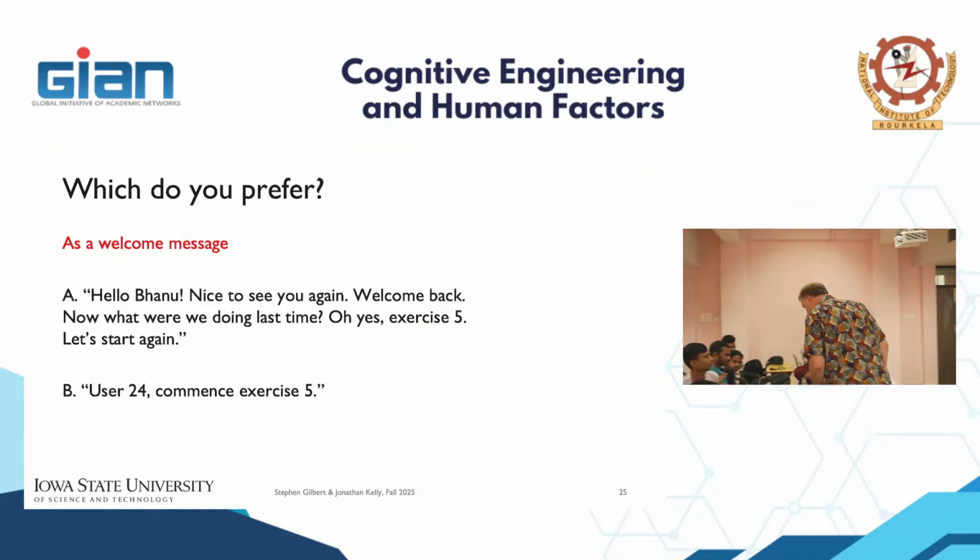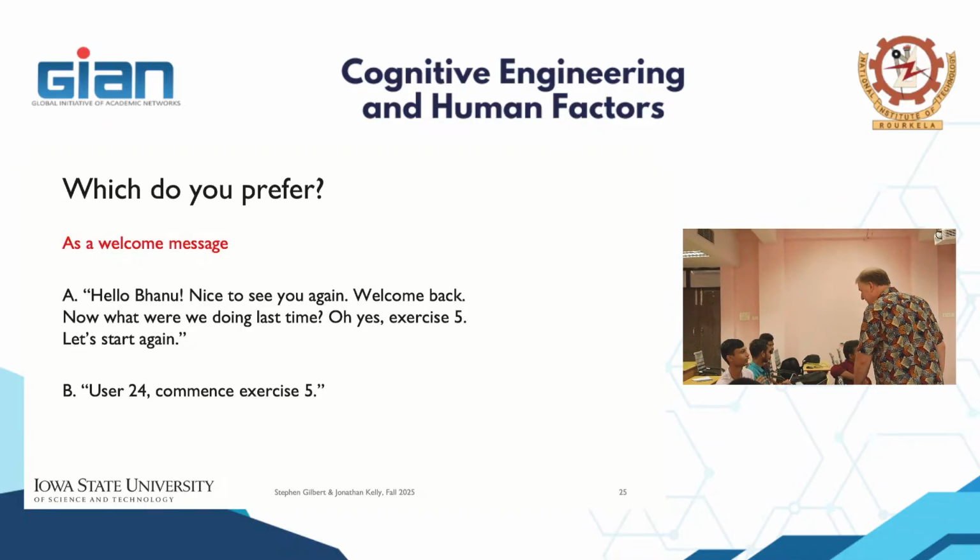So A, we are just suggesting, and B is we are just instructing them specifically. And A would be more personal talks, and it is more suggesting, and it is more preferable for us if someone is saying it in person.